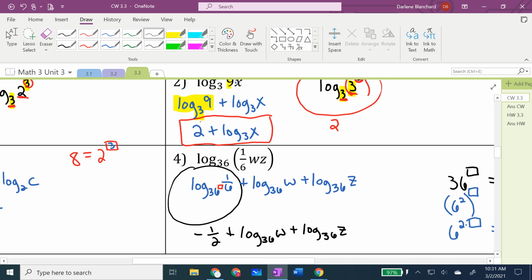How do you go from a number to a logarithm that you need? And first of all, you need that logarithm to match the bases that you're working with. So we're going to start there.